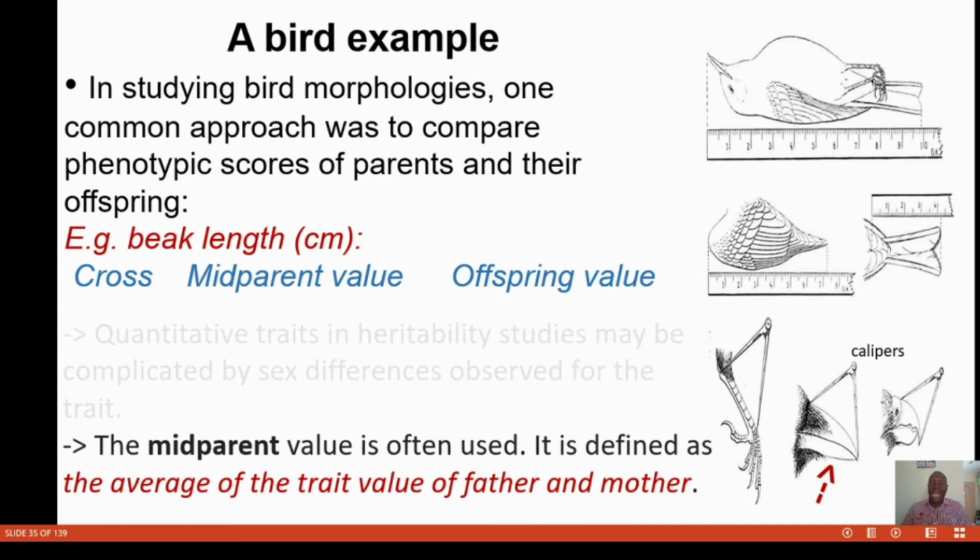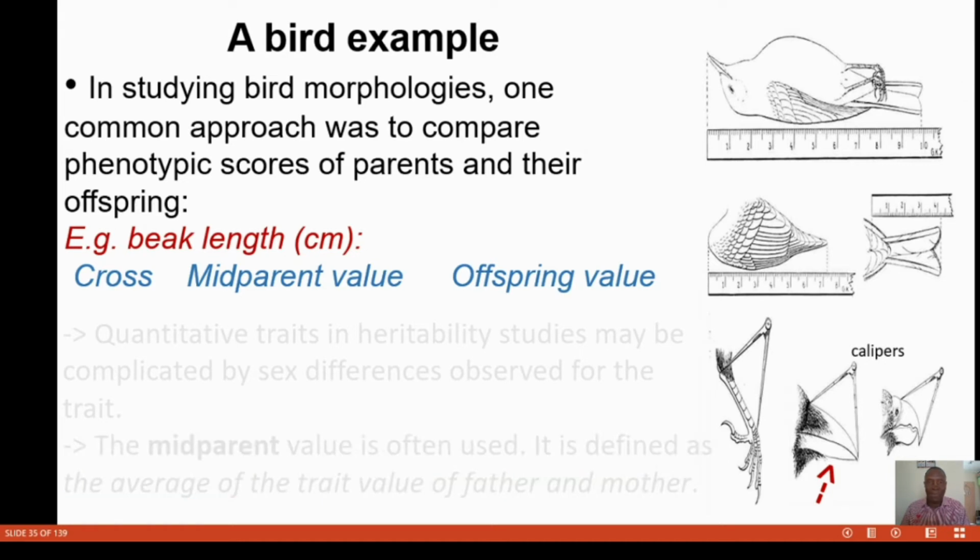A mid-parent value is often used, and it is defined as the average of the trait value of father and mother. Get to know that. That's where the word mid-parent comes from. It's not a parent which is in the middle. It's a value of two parents, an average value.